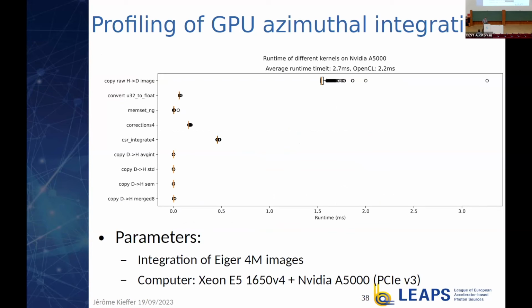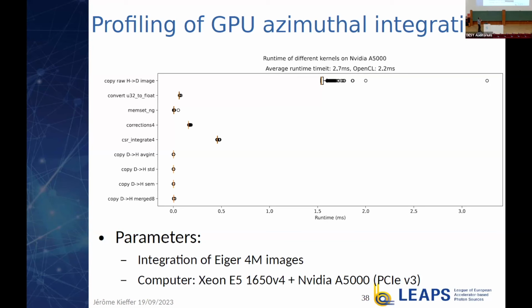So if we look at the profiling, in a GPU, the processing is done small chunks by small chunks, and each chunk is called a kernel, and for each kernel we can measure and profile its runtime. So for example, a typical processing of PyFAI, here it takes 2.7 milliseconds from the Python timeit command. 2.2 milliseconds were spent inside the OpenCL, so on the GPU.